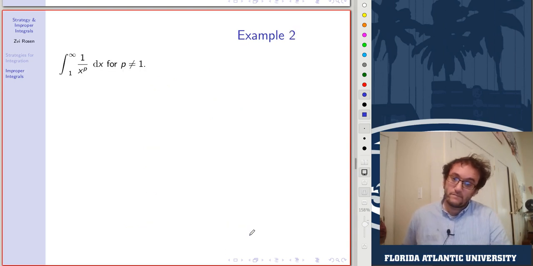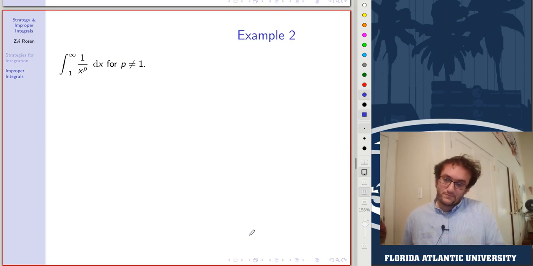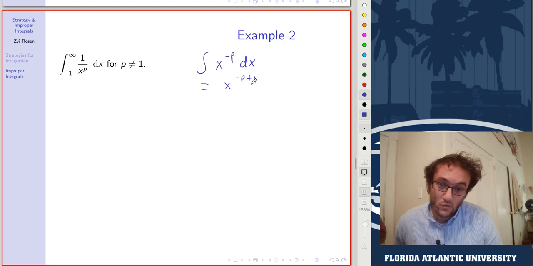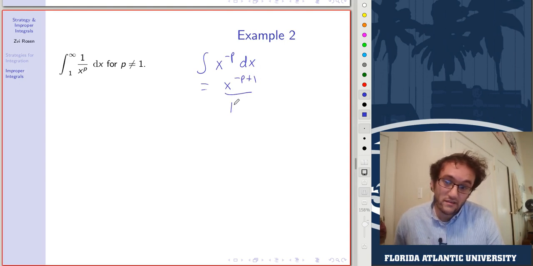Okay. Let's do another example. Here we're doing the integral of 1 over x to the p dx for p not equal to 1. Here we should keep in mind that whenever p is not equal to 1, this is x to the minus p. And so the indefinite integral is given by x to the minus p plus 1 divided by minus p plus 1, plus c.